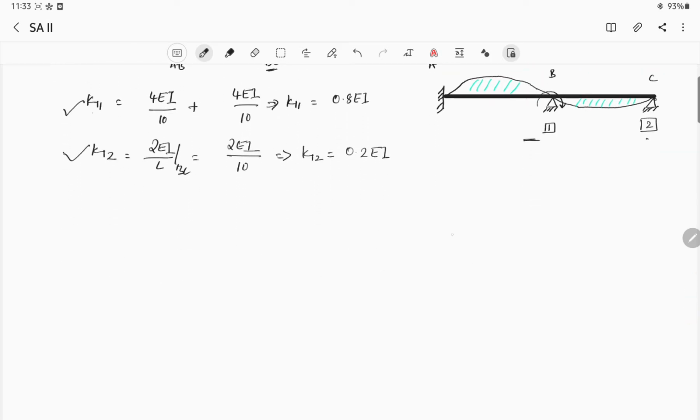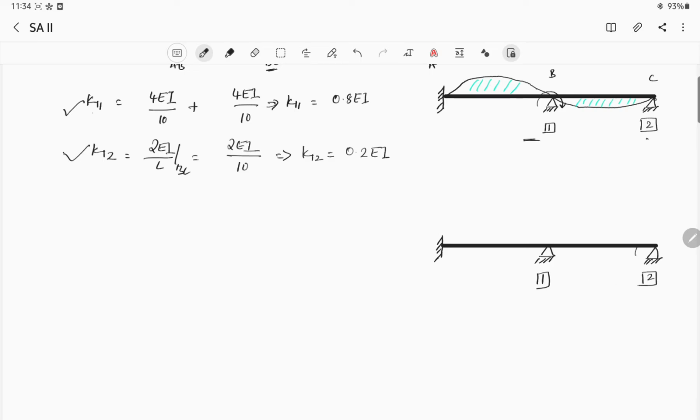We will try to rotate another node. So I will draw the same beam here, right? So this is the fixed end, this is hinged end, and this is roller end, whatever it may be. So this is node 1 we know, and this is node 2 we know, right?